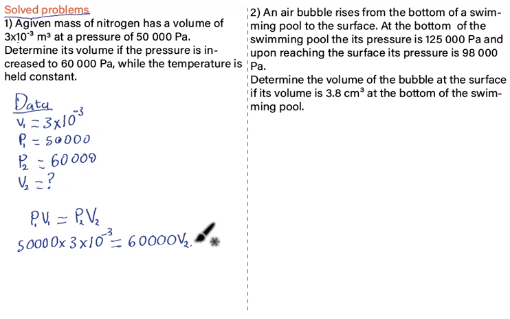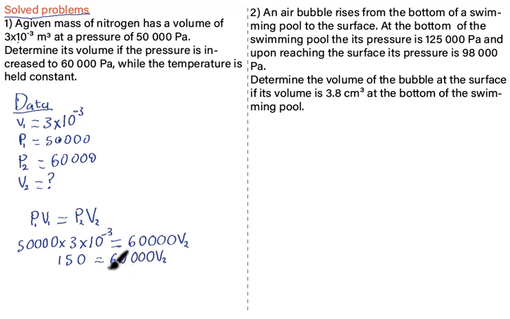Yes, let's compute this. So I multiply 50,000 by 3 times 10 to the power negative 3. Okay, this value is 0.003, right? So around 150 is equal to 60,000 V2.